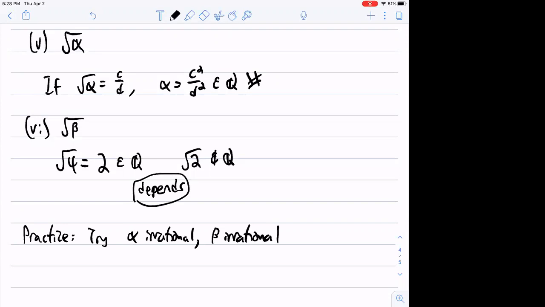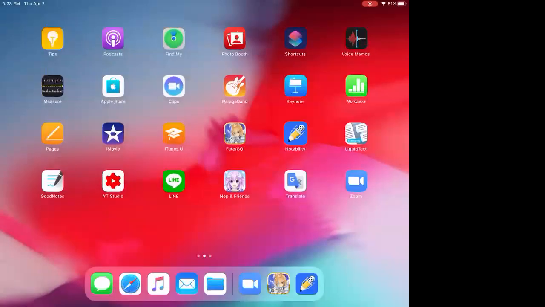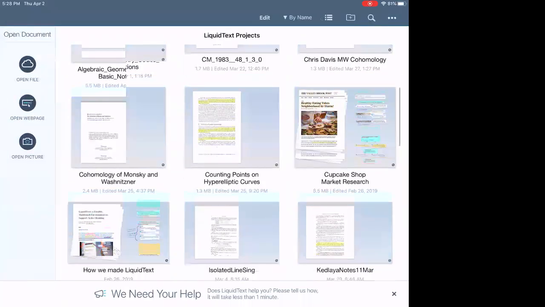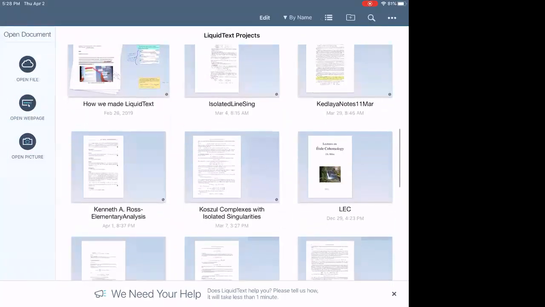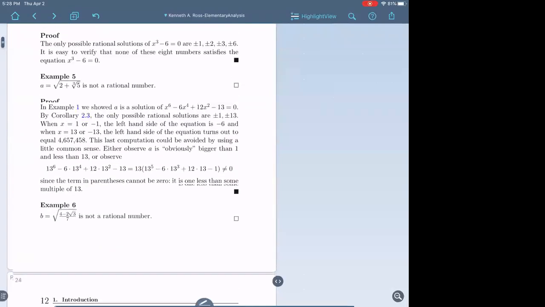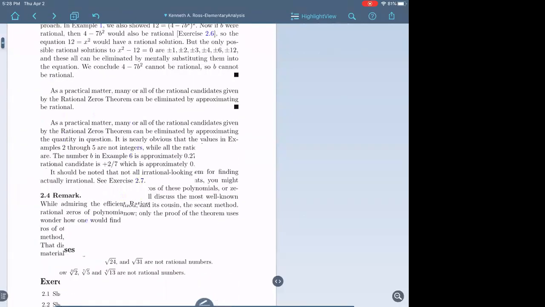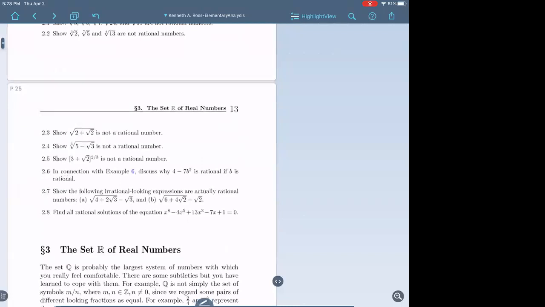So before, I didn't copy it down, but let me go to Kenneth Ross. Okay, so let's go over some more questions. If you see my screen right now, 2.8 looks really nasty, right? But if you look at it, what are the only roots you have to check?